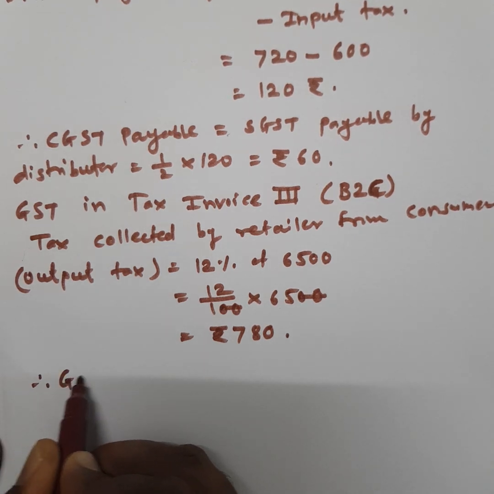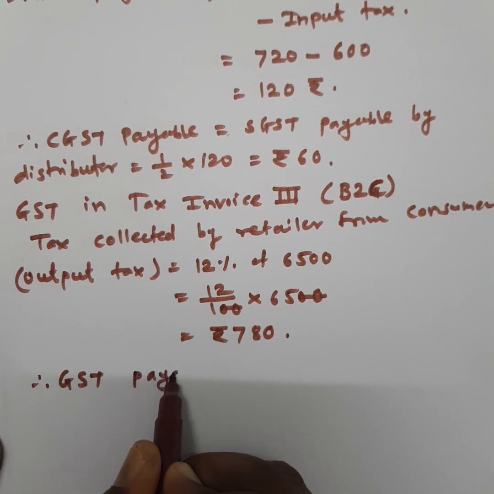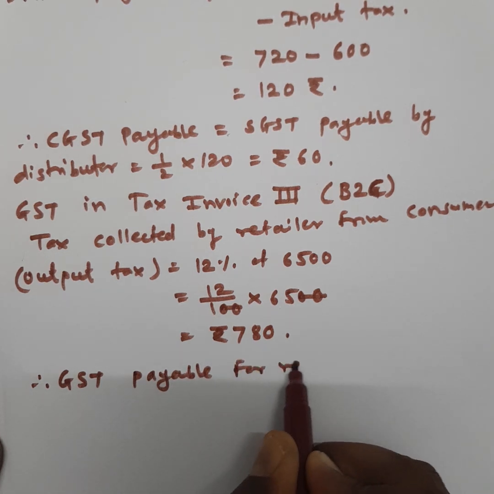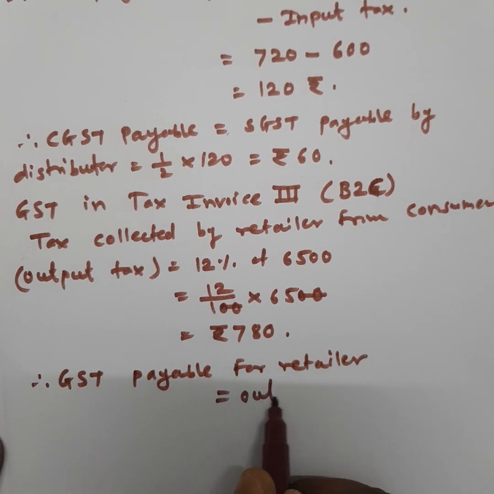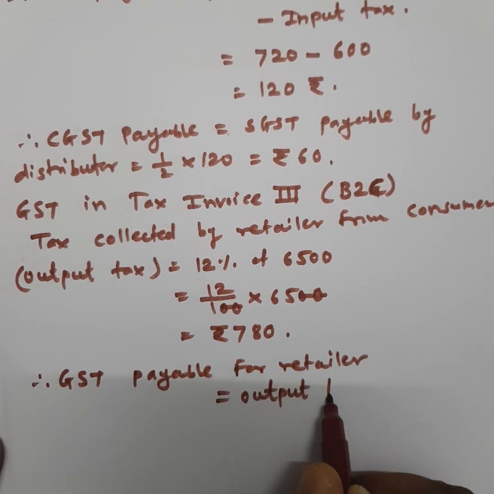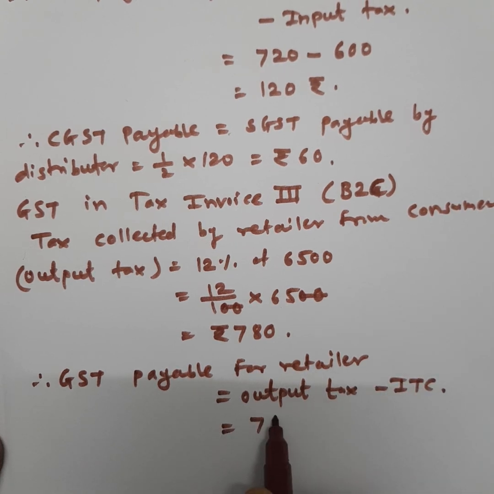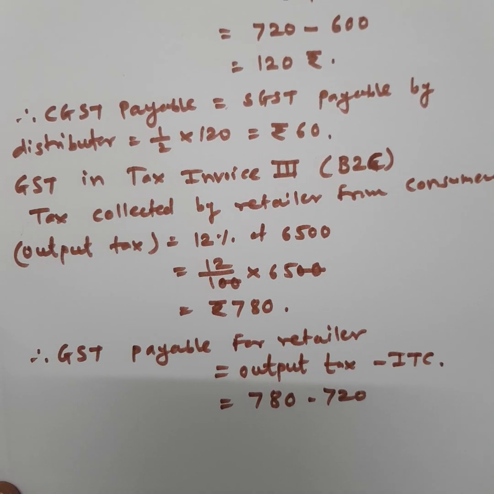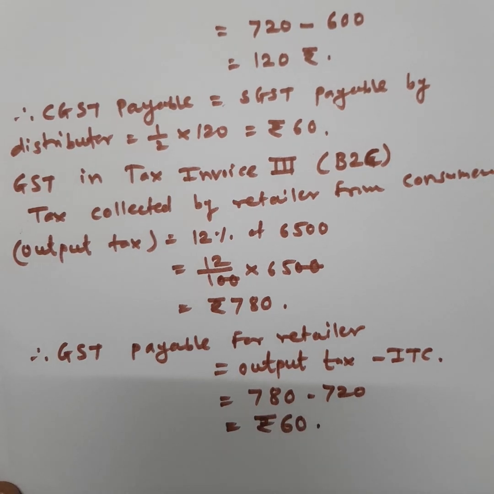We have to calculate GST payable. Therefore, GST payable for retailer is equal to output tax minus ITC. Output tax 780 rupees and ITC will be 720 rupees. This subtraction will be rupees 60.